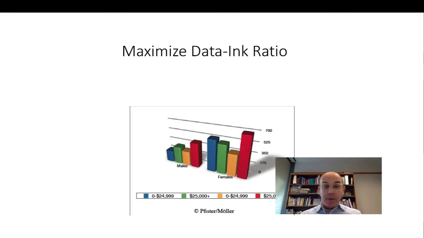So again, this is the maximize data-ink ratio. Again, male versus female. And what does it really say to us here? When you are thinking about this, this is again in 3D.